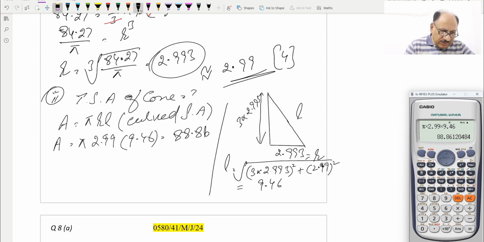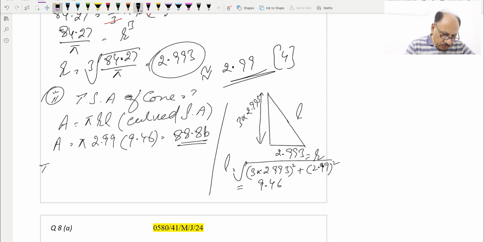So now we can add the base also, because the base of the cone will be pi r square. So total surface area is equal to 88.86 plus pi r square.